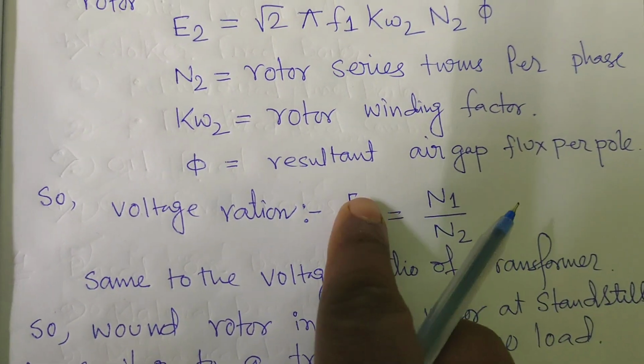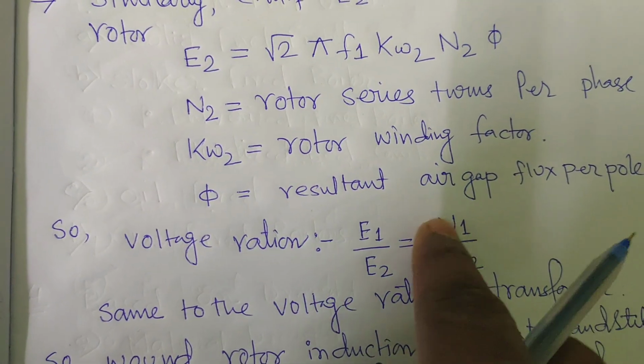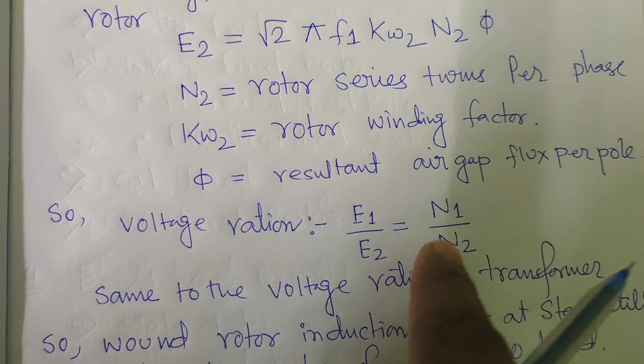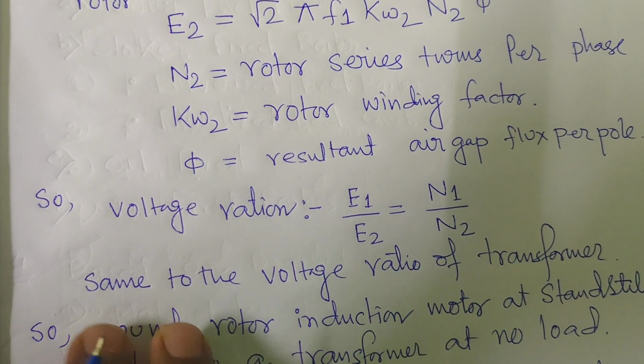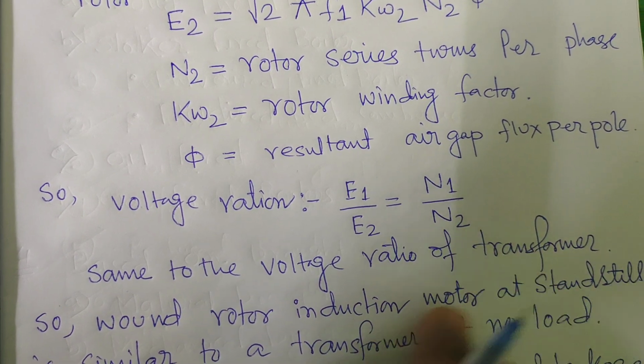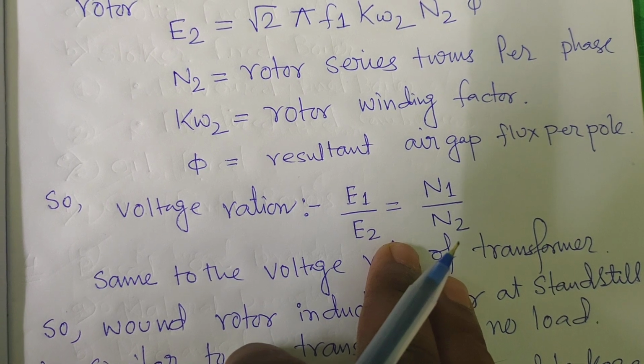So we get E1 by E2 equal to N1 by N2, and this formula is for the induction motor and also for the transformer. The transformer voltage ratio and the induction motor voltage ratio are the same.